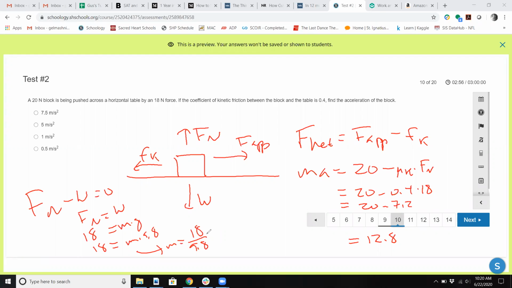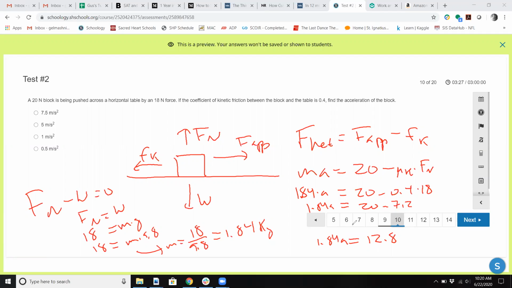Okay, so you get 1.84 kilograms, which I'm going to incorporate over here. I'll just keep copying that down. Then I'm going to do 12.8 divided by 1.84. And actually, I didn't get that. Wonder why.